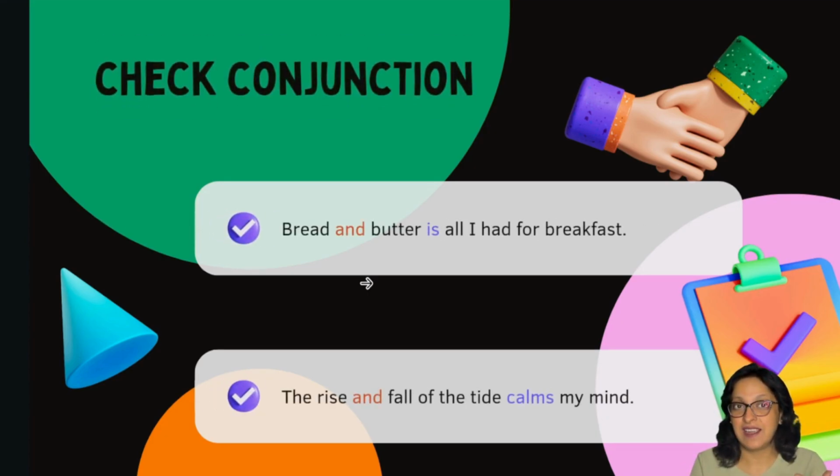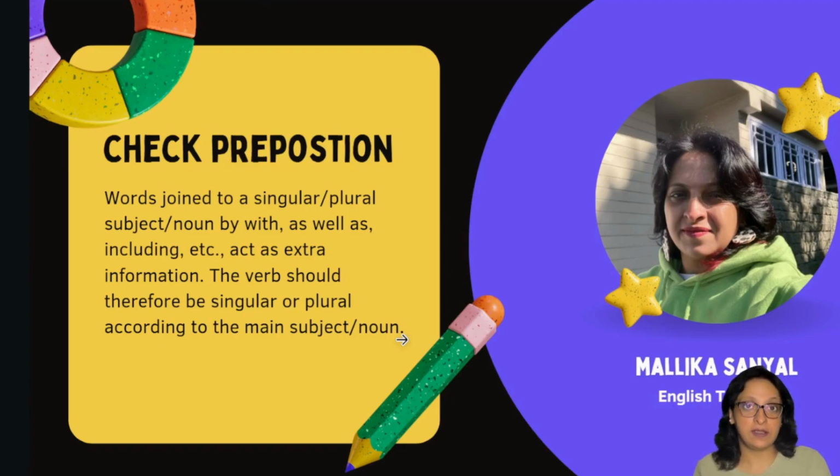Yes, it is. We also said that we need to check the prepositions. So, words joined to a singular or plural subject or noun by certain prepositions like with, as well as, including, etc., act as extra information.